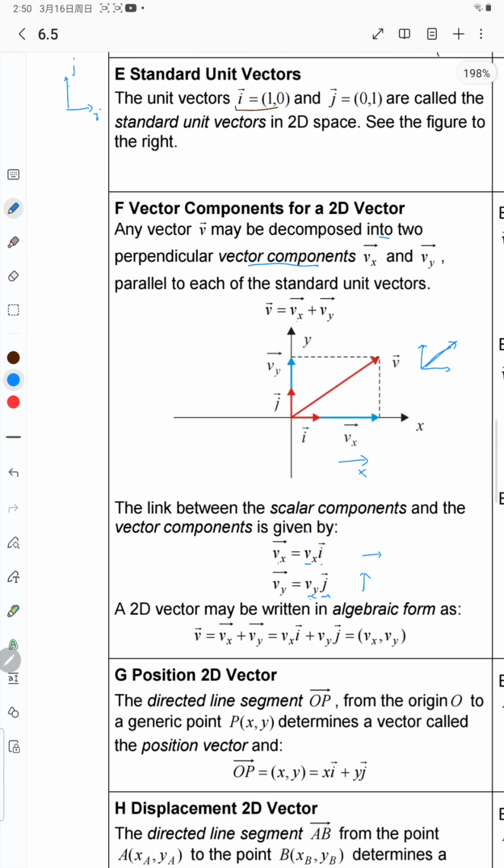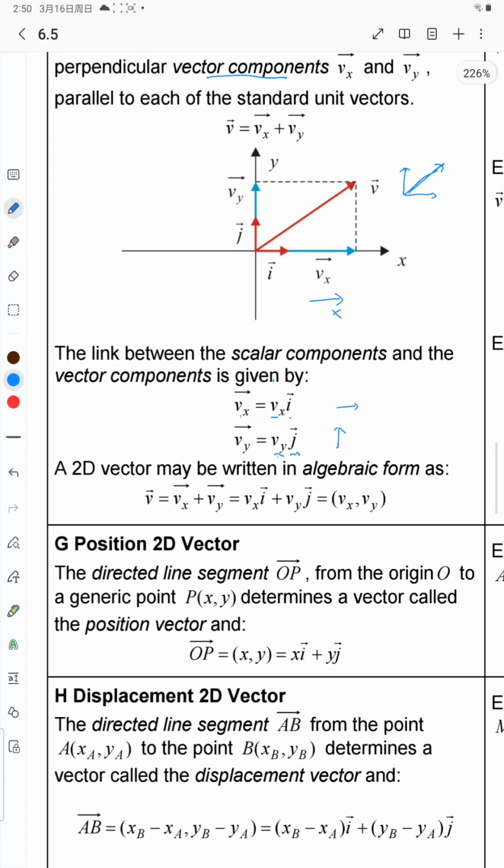I think this is fine. I trust you guys. And also, this is just a way of writing a vector. Remember, the last time we talked about it, you can write a vector as the linear sum of two other vectors, right?